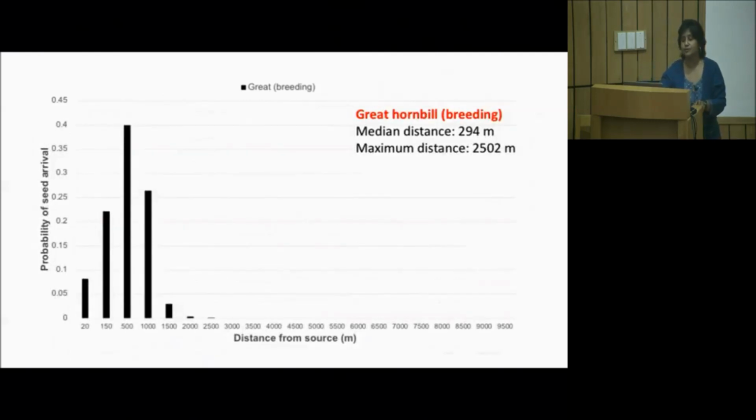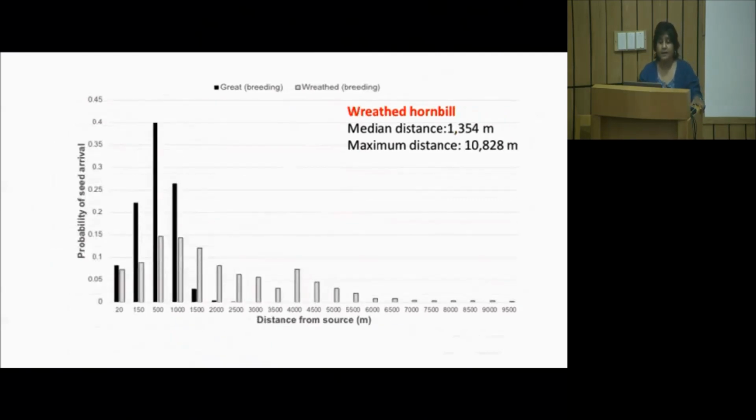So quickly, I just want to show that for the great hornbill during the breeding season, the median distance of seed dispersal was 294 meters, and the maximum distance was 2.5 kilometers, which is quite high based on other known seed dispersal distances of other frugivores. For the wreathed hornbill, in the gray bars, there was a bimodal seed dispersal distribution, with a peak at around 500 meters to 1 kilometer, and another smaller peak between 4 and 4.5 kilometers.